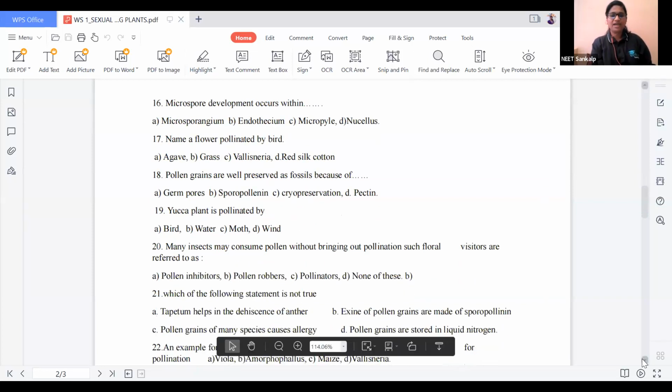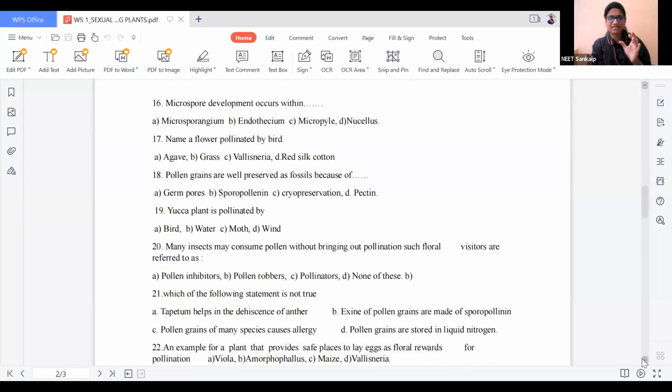20th question. Many insects may consume pollen without bringing about pollination. Some organisms will eat pollen grains without doing pollination. What are such organisms called? Option A, pollen inhibitors. Option B, pollen robbers. Option C, pollinators.